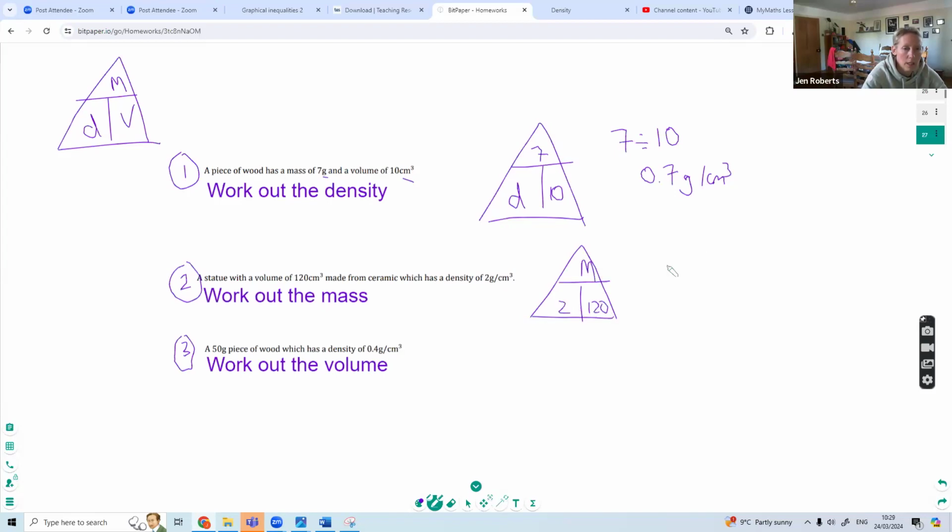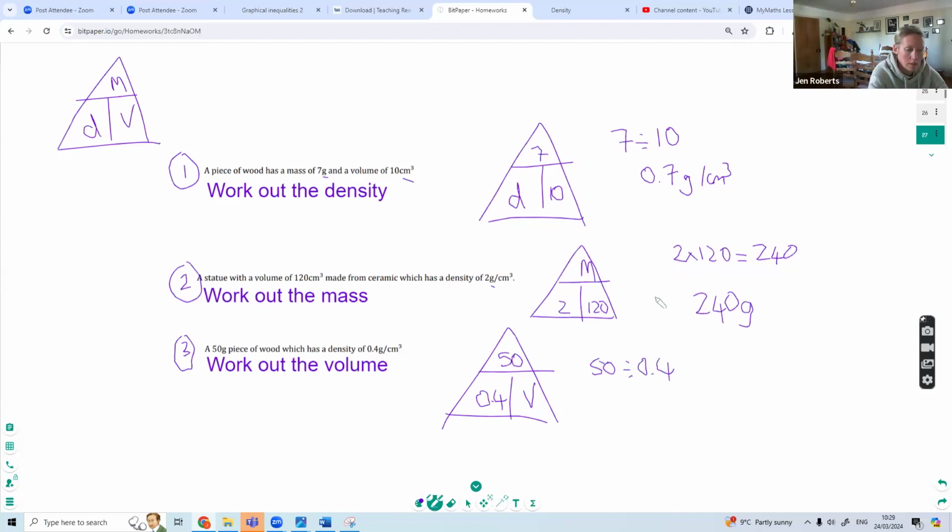They're next to each other, so we're going to times them, so it's 240 grams. Density, mass. We're going to do 50 divided by 0.4, which is 125 centimetres cubed.